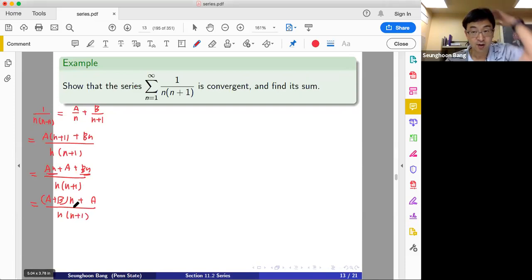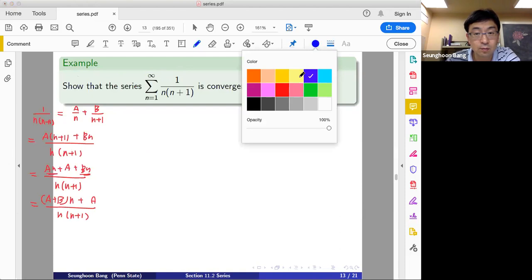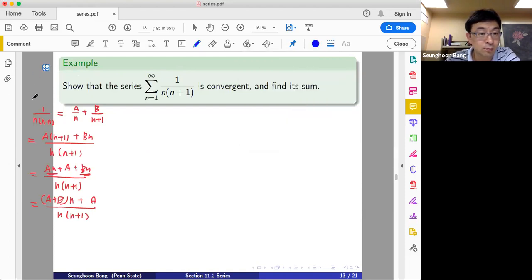The next is, you can compare the numerator, 1, with a plus b times n plus a. You can compare these two things. What is a plus b?